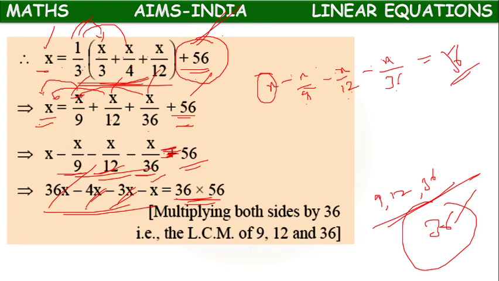After simplification, minus 4x minus 3x minus x equals minus 8x.